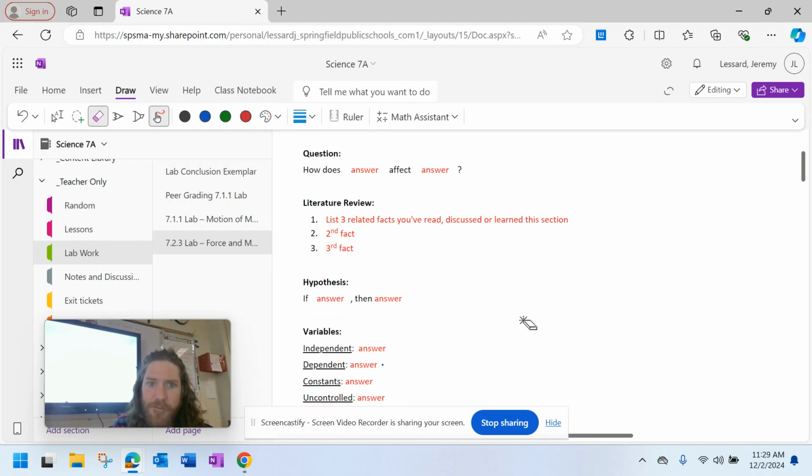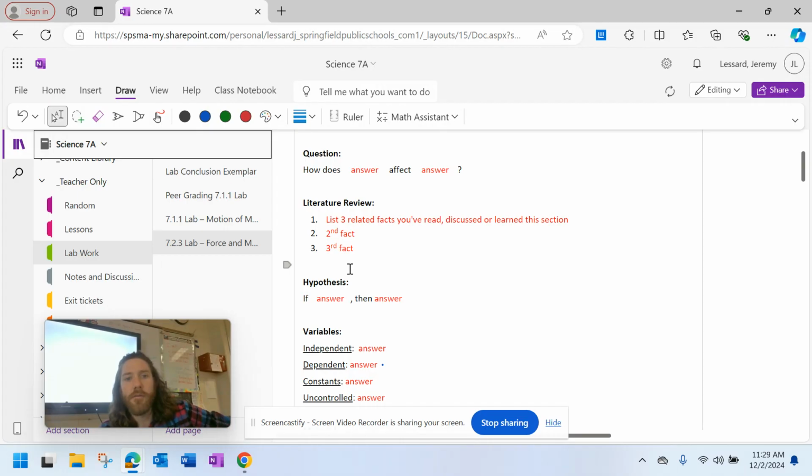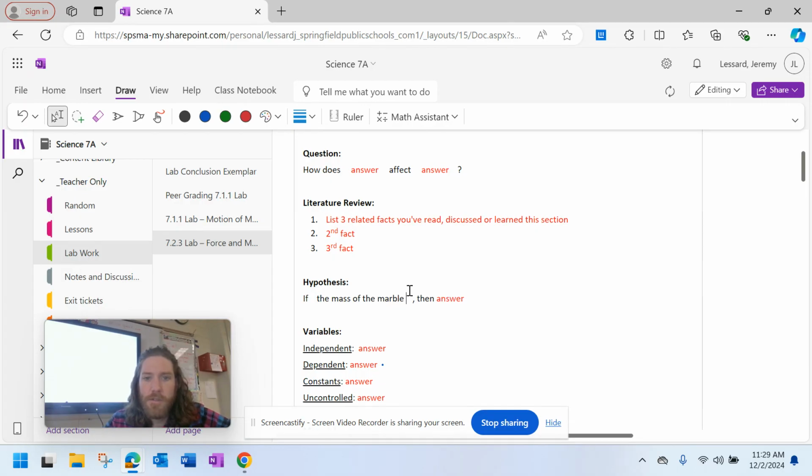We're going to identify what we think might happen. So, if we write down, if the mass of the marble is greater, right, if we have a bigger marble, then the speed of that marble after a collision will be, and will it be greater?